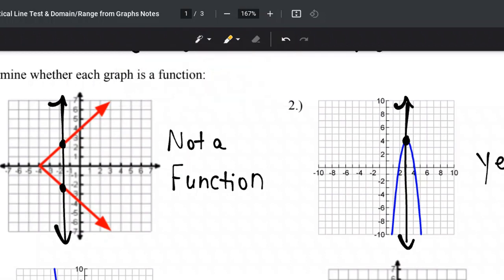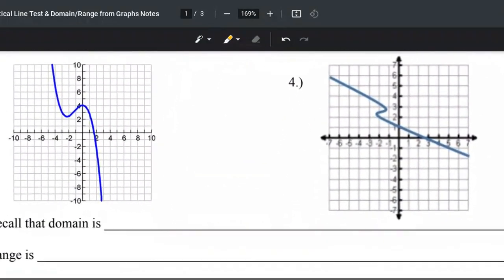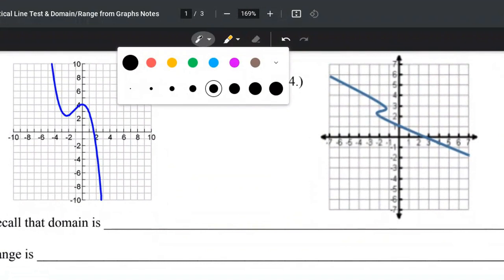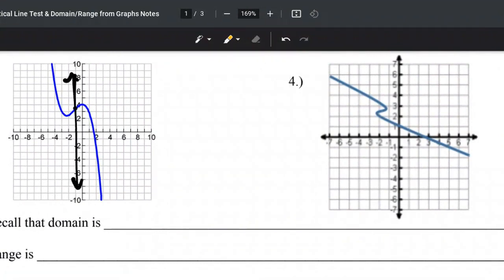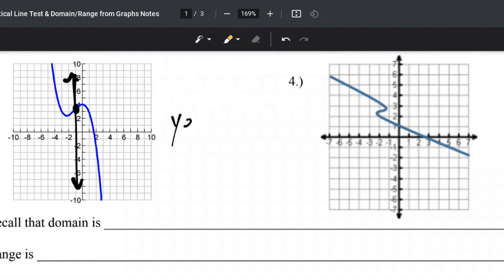So yes, it is a function. Let's check out number 3. For number 3, if we draw a vertical line anywhere along this graph, that vertical line will only intersect the graph at 1 point. So yes, it is a function.